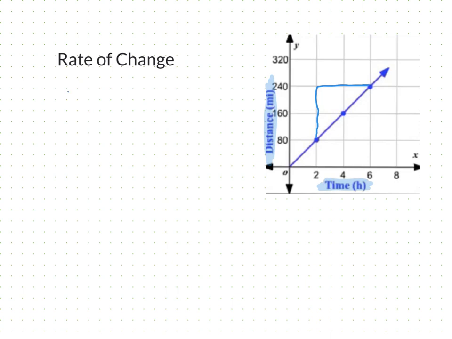So we have the slope, or the rate of change, is the rise over the run. Okay. So our rise is how much it's rising, and it's 2 units. Okay. However, we have 2 units, but each unit's 80. Okay, so this is 80 and this is 80. So the rise is actually 160 miles.